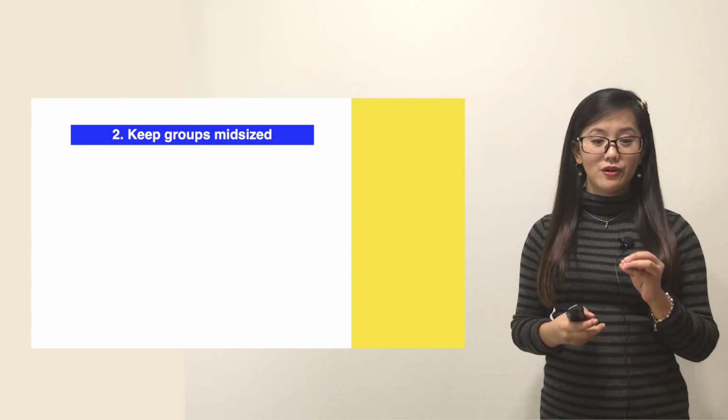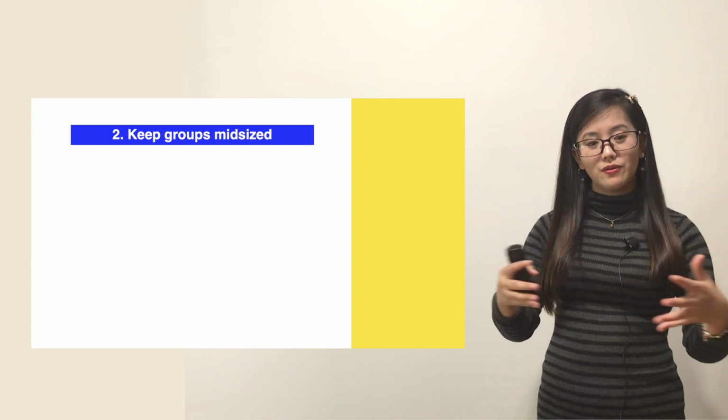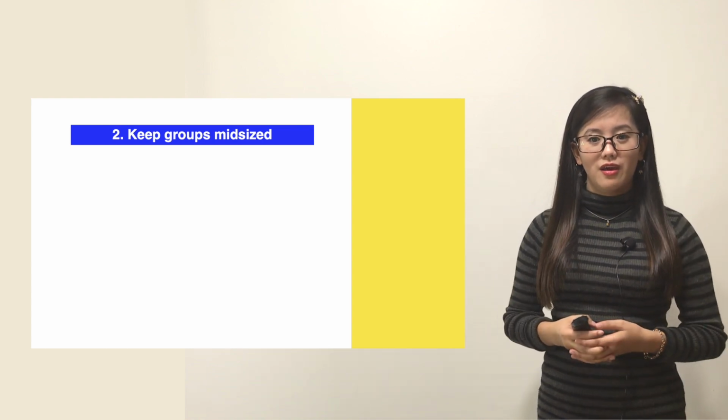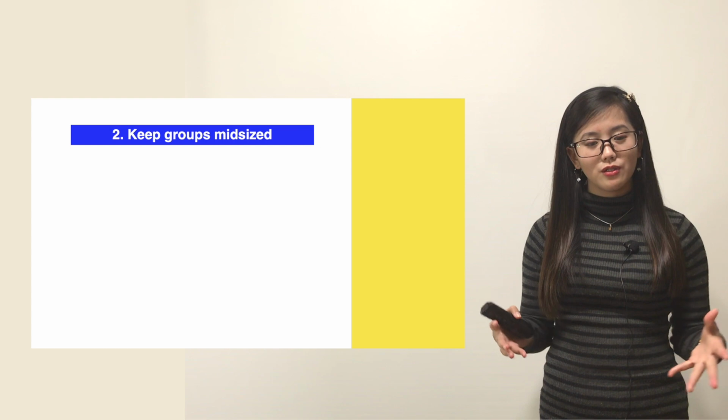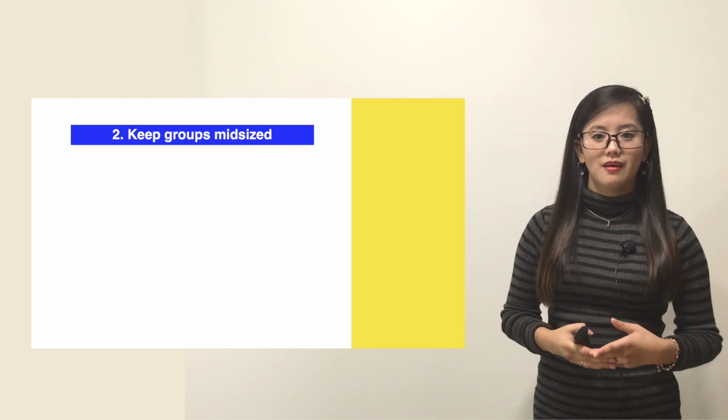We already talked about the downsides, right? Do you remember them? So this could also be part of the downside. If you have too many members in your group, not many people could actually participate.